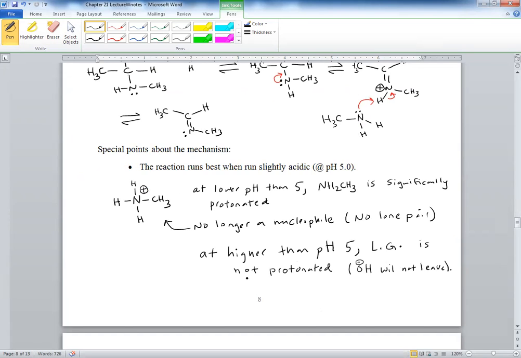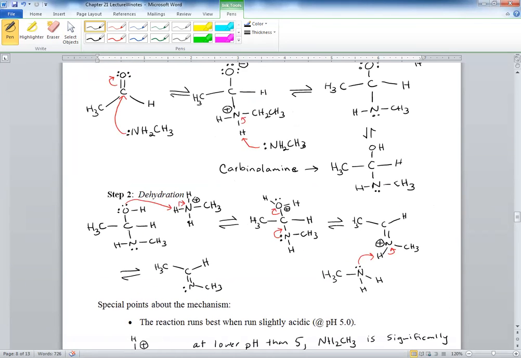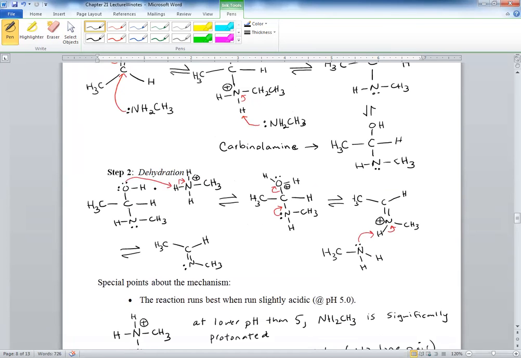That way you ensure that you are able to preserve the nucleophile, the amine nucleophile, so it can attack. And then the pH of 5 as well is able to serve as a protonated amine later on so that it can help the leaving group, the OH, become water and leave readily.